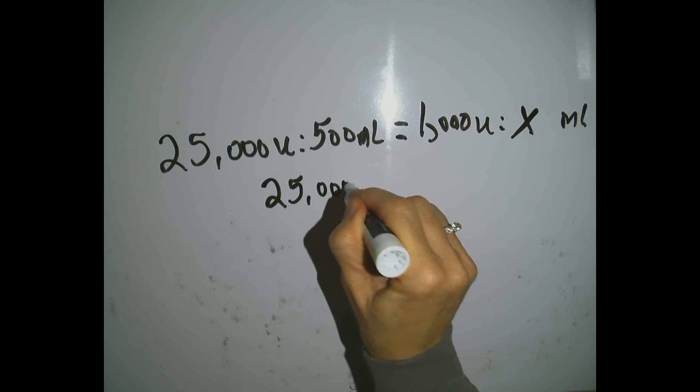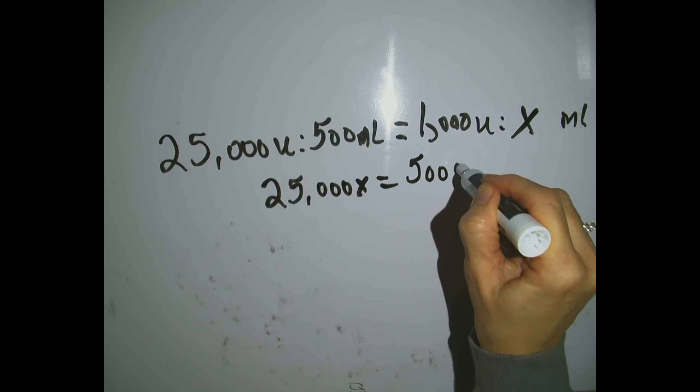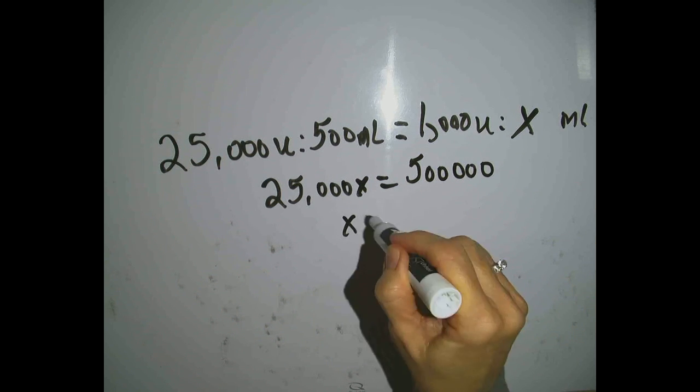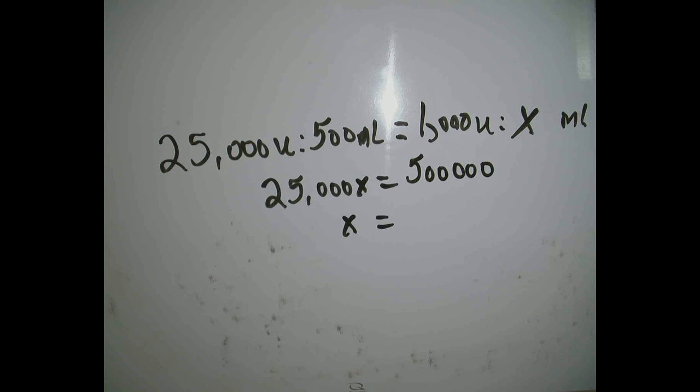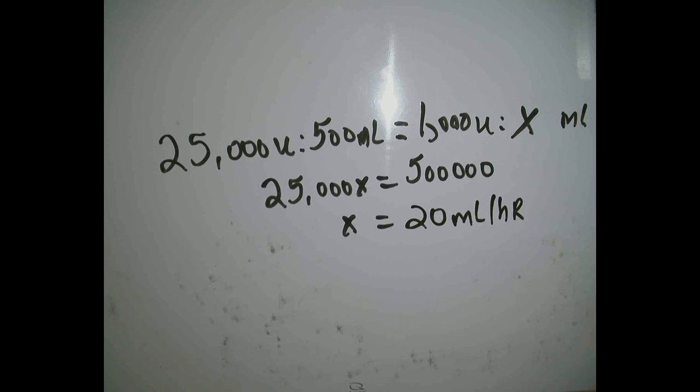So again, multiplying means and extremes. And then we determined that we're going to be having to infuse 20 milliliters in 1 hour to achieve infusing 1,000 units.